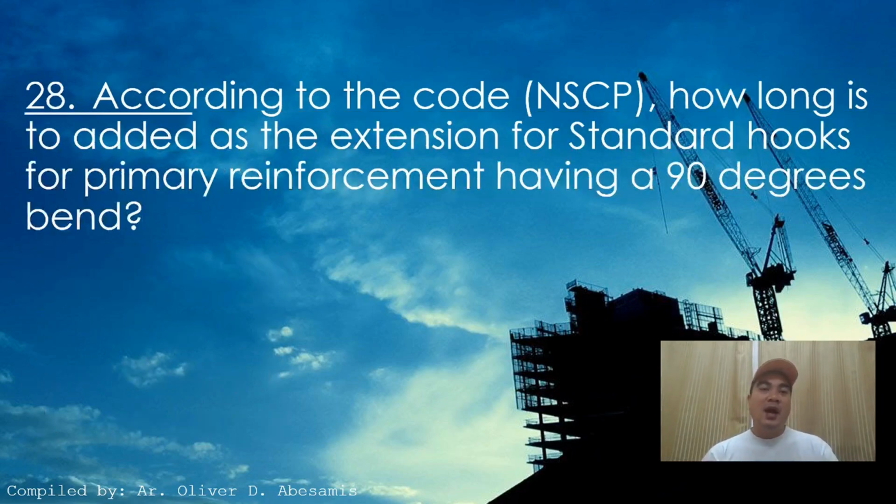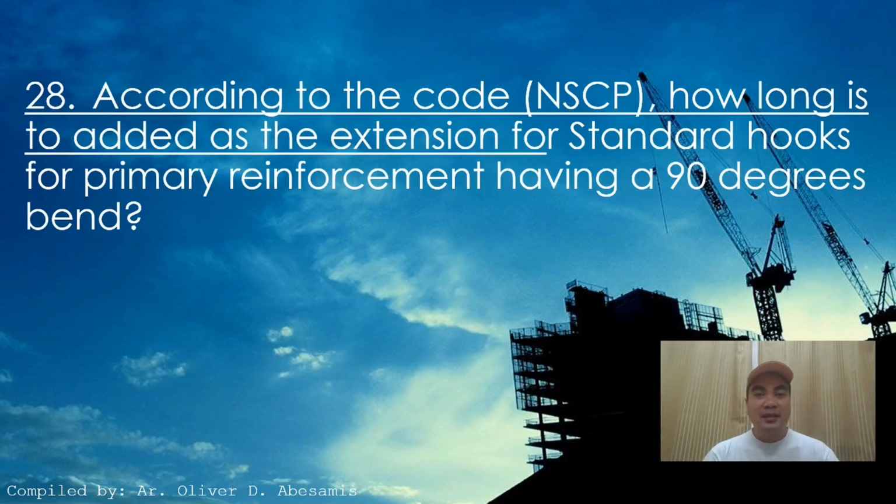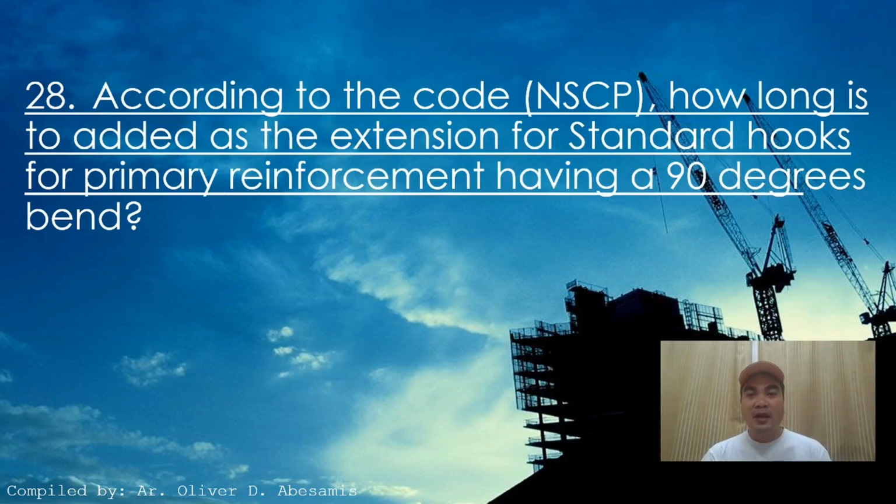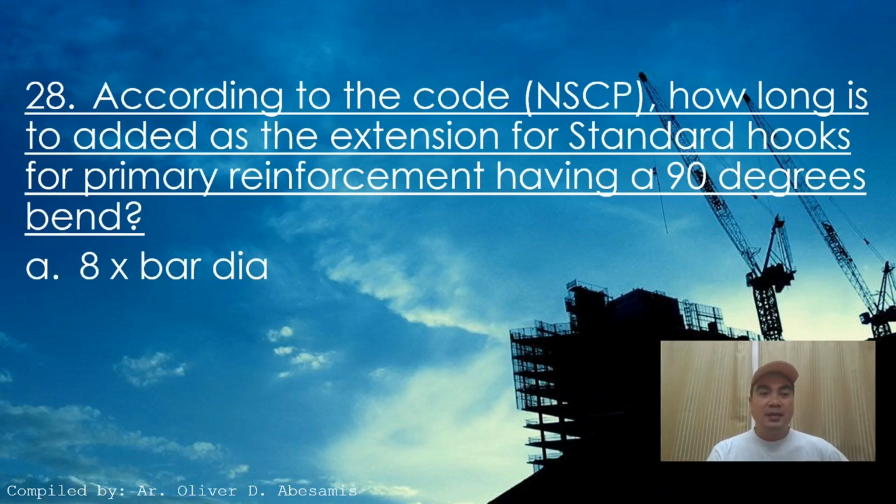28. According to the code NSCP, how long is added as the extension for standard hooks for primary reinforcement having a 90 degrees bend? A. 8 times bar diameter.